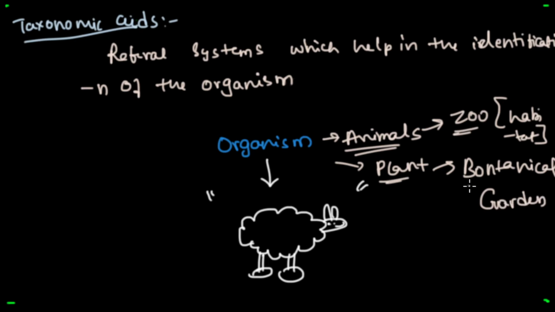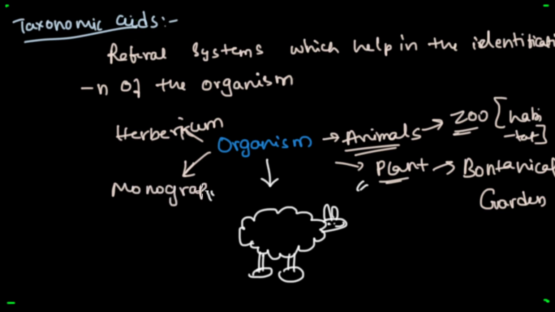So like this, you can choose not only a zoo or botanical garden. If you have a plant species, you can choose to go to a herbarium. Or you can take a monograph, if you know to which taxon it belongs, either genus or species.